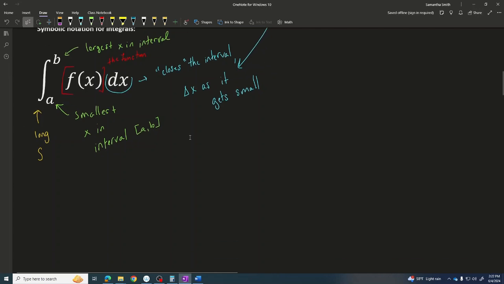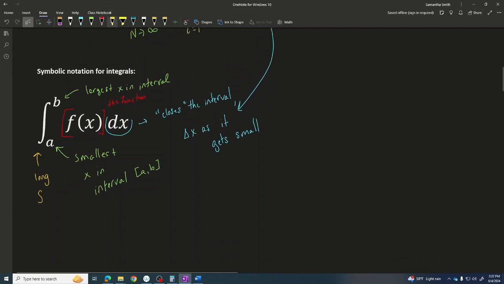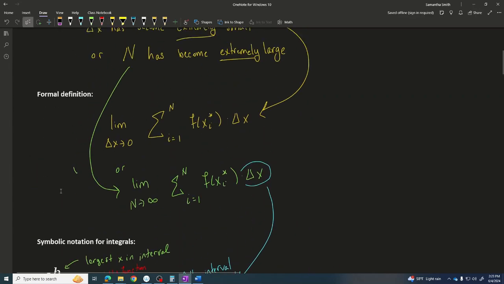Now, when we talk about integrals, there are a couple of words that are used to refer to the different pieces of this integral, and I would like you to be familiar with those as well, because that's part of our communication knowledge. In this context, the a and the b are called the limits of the integral, not to be confused with these limits up here.